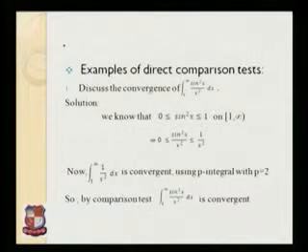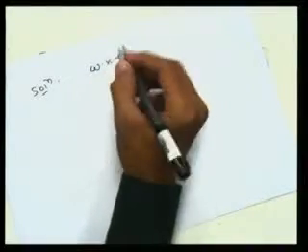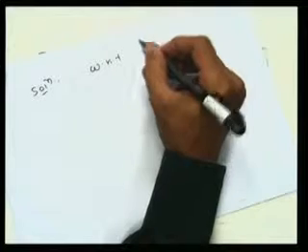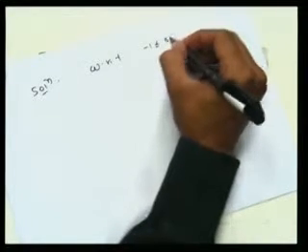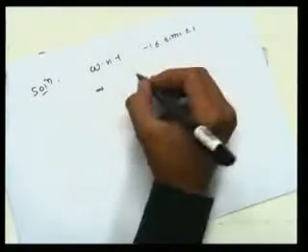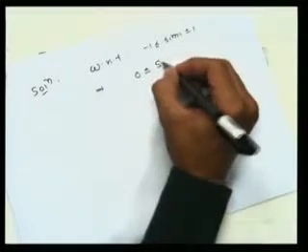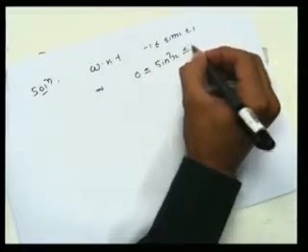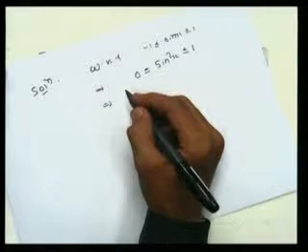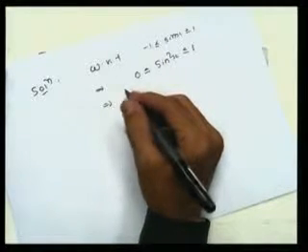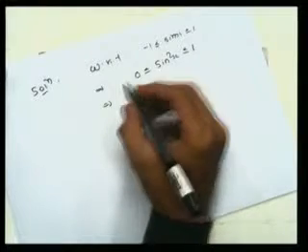How? We know that the sine function lies between -1 and +1. Now if we square, then we have 0 less than or equal to sine square x less than or equal to 1. But we require sine square x upon x square, so we will divide every side by x square.